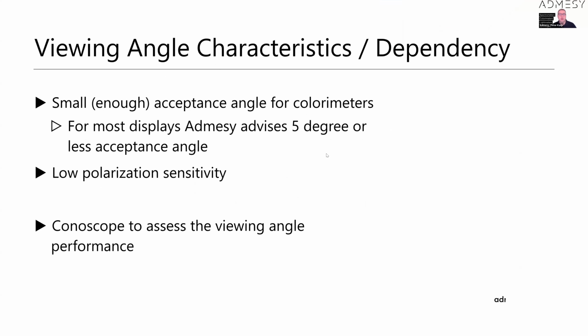And finally, we will have a look at the viewing angle characteristics. So for that, it is important again, for a colorimeter, for example, you can realize that with different acceptance angles, that means the angle under which the instrument collects the light from the display, and you typically want to have an acceptance angle of 5 degrees or less, because then you will not take into account the light rays which come from a very steep angle on the display.